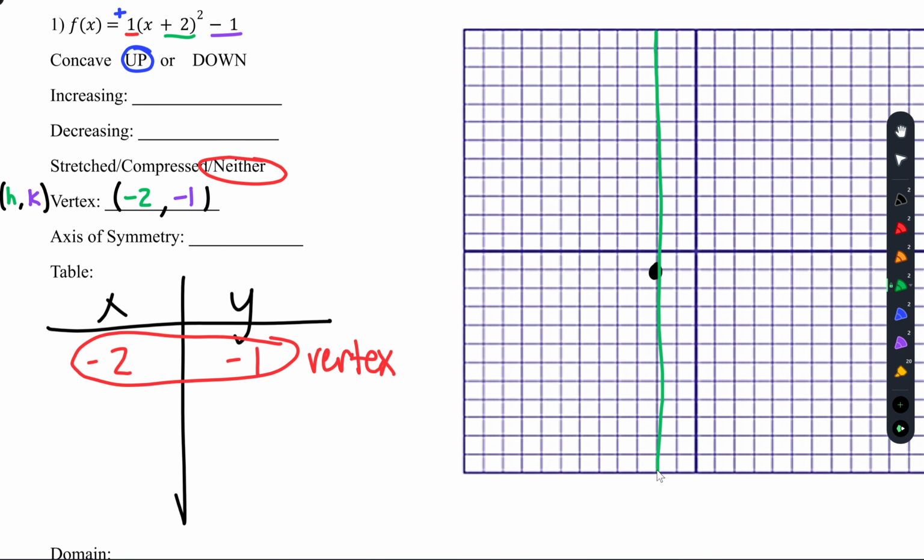If I had to write the equation for that, vertical lines always start with x equals, and then whatever the x value is there. The x value there is a negative 2. Our axis of symmetry should always be written as x equals whatever your h value is.